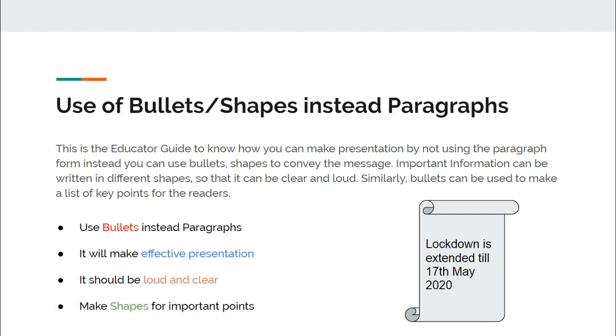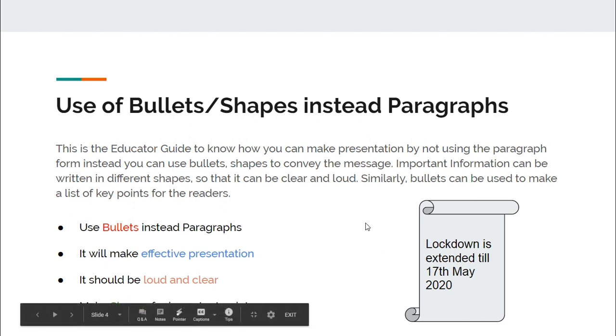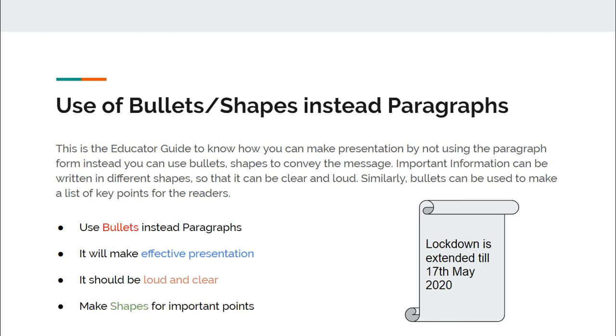It makes an effective presentation, and it should be loud and clear, making shapes for important points. All these 4 points are mentioned in the above paragraph also, but we are more focused on these points and this shape. It is always preferable to use bullets and such shapes to convey your important messages.